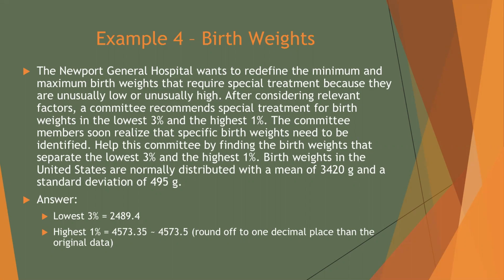So find z 2.3, then move over to the right. You'll see the column of 0.03, and you'll see 0.9901. That's the value we're going to use. Yes, it's not exactly 0.99, but it's pretty dead on. So we'll times that 2.33 times the standard deviation of 495, and then we add it to the mean, and that's how we get 4,573.5 if we round to one decimal place.